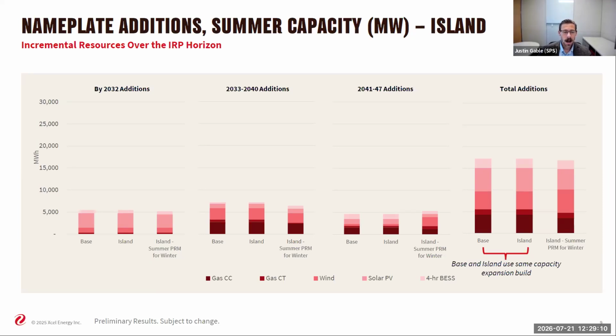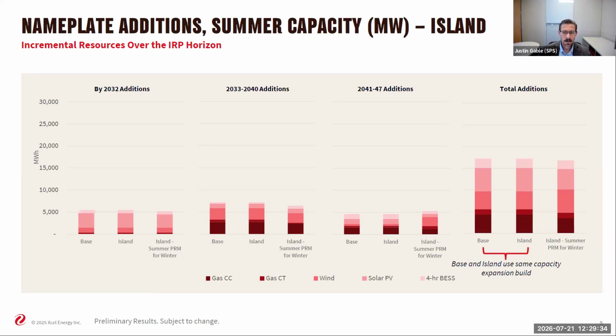The other scenario you see here, islanded summer PRM for winter, the difference with this one is that instead of having the currently 36% PRM in the winter, we drop that down to the 16% PRM and maintain it in a similar fashion with the summer requirements throughout the planning horizon. Ultimately, what you can see is that the build outs are generally the same.